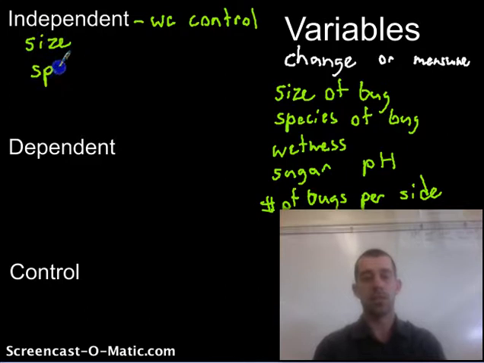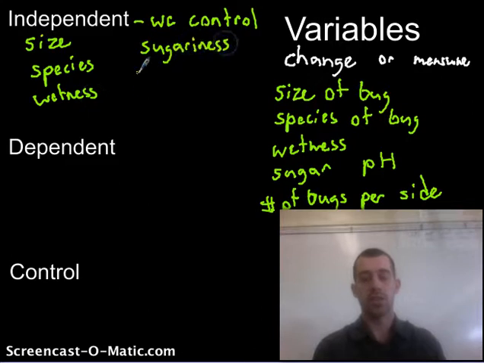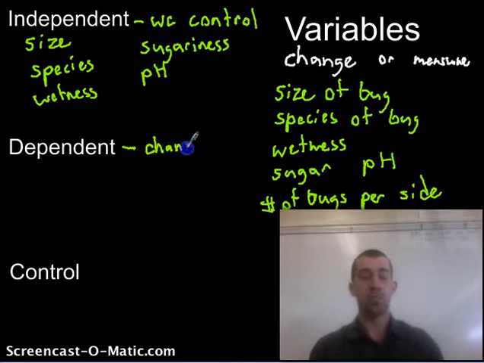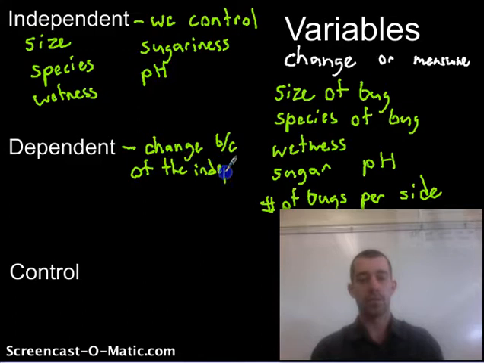The species, the wetness of the environment, the sugariness of the environment, the pH. One thing that we do control is the number of bugs per side at the beginning, and then we're going to be looking at dependent variables. Dependent variables are things that change or that might change because of the independent variable.